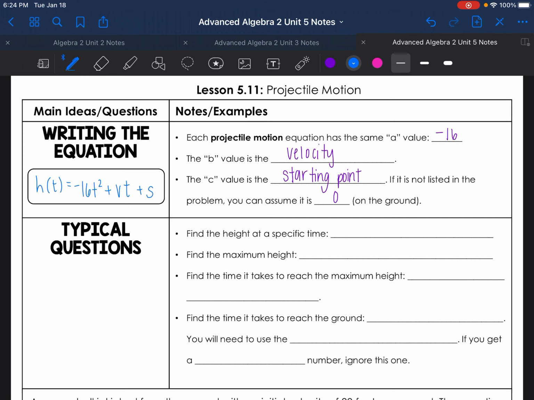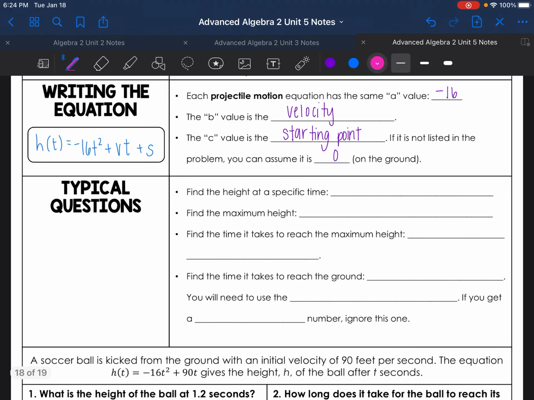So you will plug in a t, so along our x-axis, that is the time in reference to height. So I'm going to draw a little graph down here in this space that I have. So my x value is time, the number of seconds, and then height, typically feet.